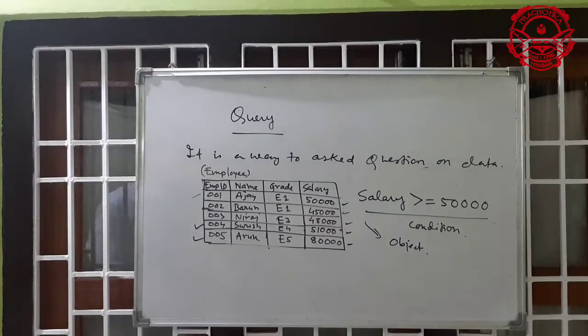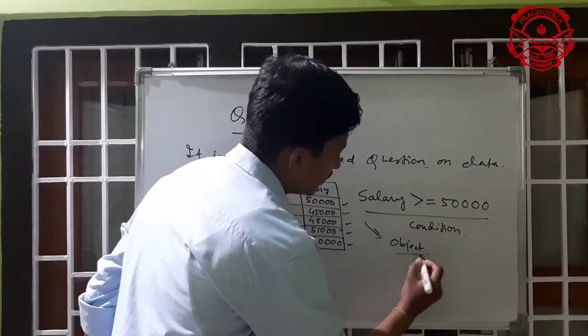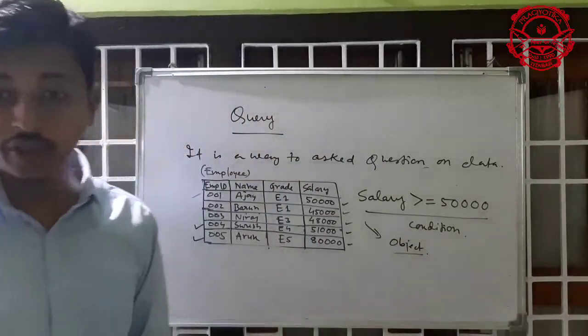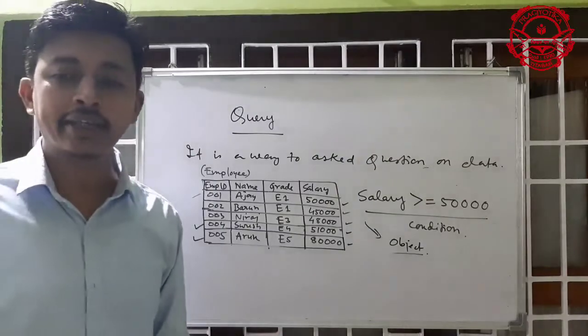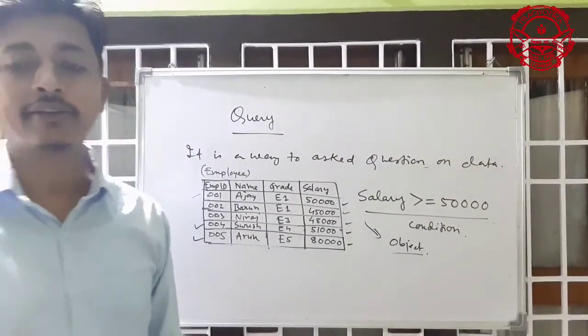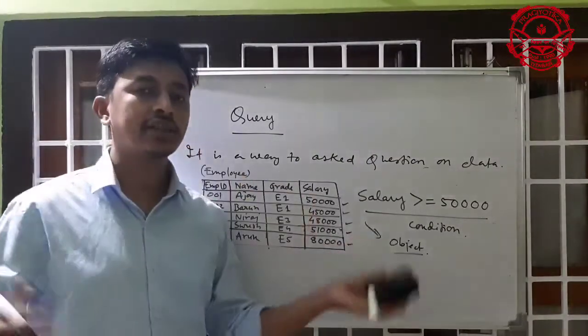Now see, in the book, a saved query can be run again at any time in the future. Meaning in the future you can run the query at any time.